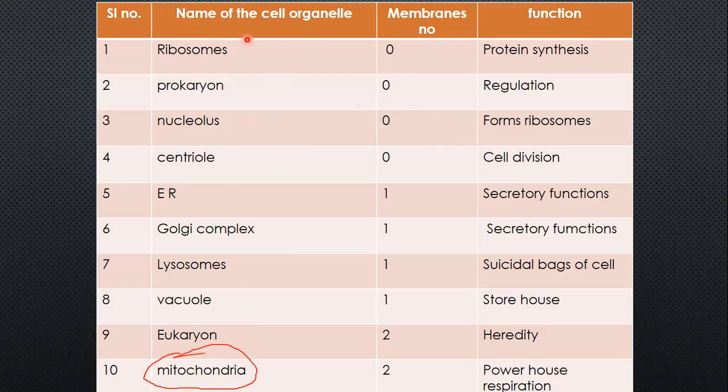Prokaryotic cells also show membrane-less cell organelles like the nucleus. And along with that, in eukaryotic cells, the nucleolus is also there without a membrane. So the membrane-less cell organelles in prokaryotic and eukaryotic cells are ribosomes, prokaryon, and the nucleolus of the eukaryotic cell.